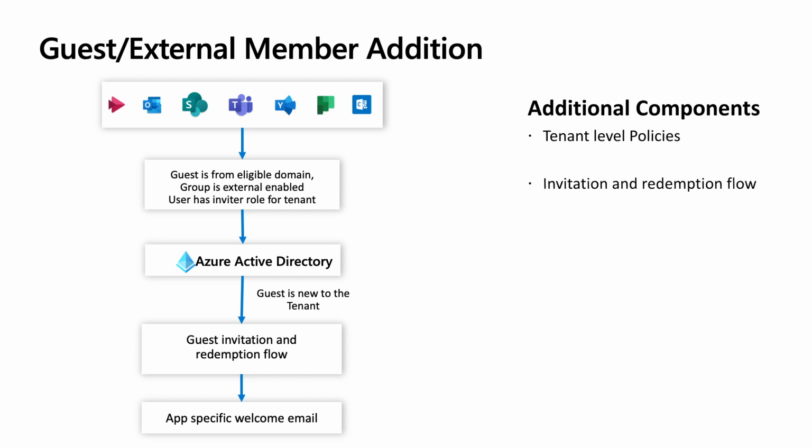So within his Contoso email, the user is going to get a request to say that Arun has invited you to participate, and the user now has to redeem that invitation. They have to click OK and be willing to share their data and say that they are eager to participate in this group. And once they have given their approval to participate, they are added to the group and then they receive the welcome email.